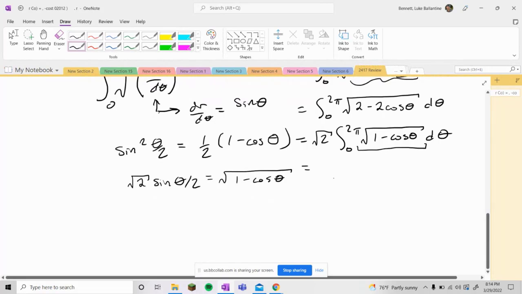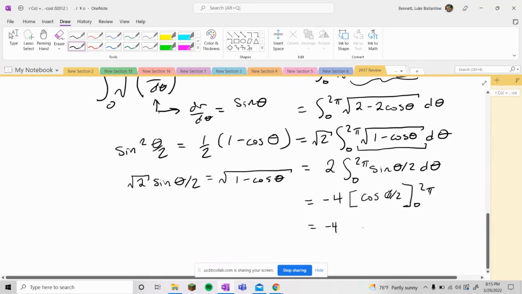So then this equals 2, the integral from 0 to 2 pi of sine of theta over 2 d theta. So the sine integral changes sign. So this is negative 4 cosine theta over 2, from 0 to 2 pi.